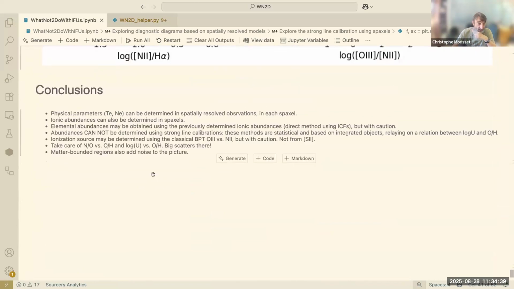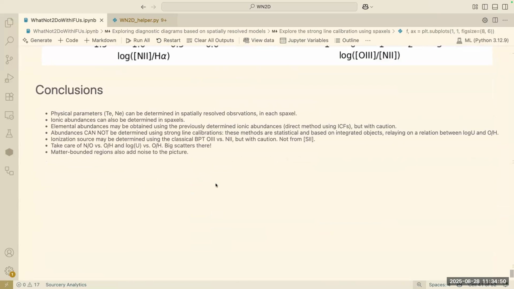So as a conclusion, I think physical parameters can be determined in spatially resolved observation in each pixel. It's fine. Ionic abundances can also be determined. Elemental abundances may be obtained using the previously determined direct method, using ICF, but take care of this ICF.